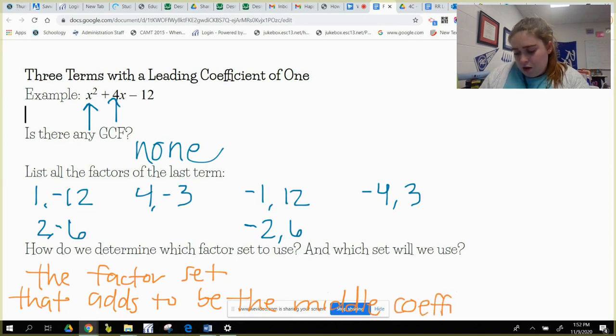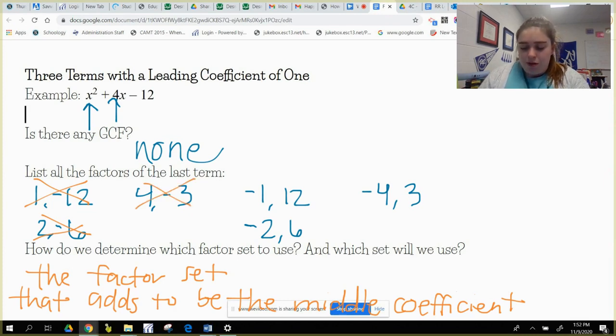Okay. All right, so let's look at our factor sets that we listed and see which of those would become positive 4. So 1 minus 12, no, that's going to be negative 11, so that one is not going to work. Okay, 2, negative 6, that would be negative 4, so it's close, but still not positive 4, so not that one. Okay, 4 minus 3, that's just going to be 1, so not that one either.